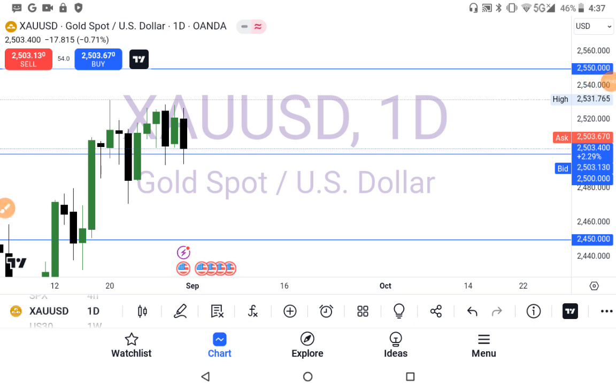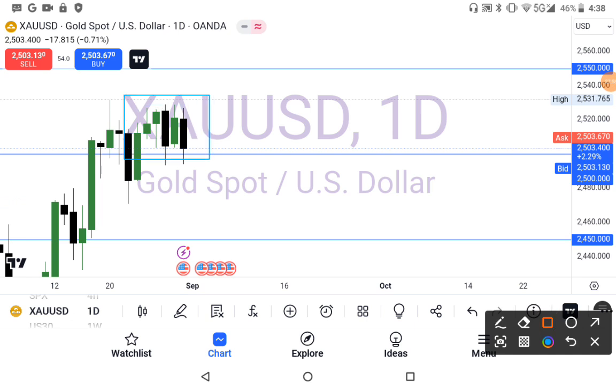If we could see a movement from 2,500 to 2,550, we are unable to move it to 2,550. There's a kind of range in the market. There was no serious movement on gold, no kind of consolidation. The market was not moving at all. So I don't have interest in gold.